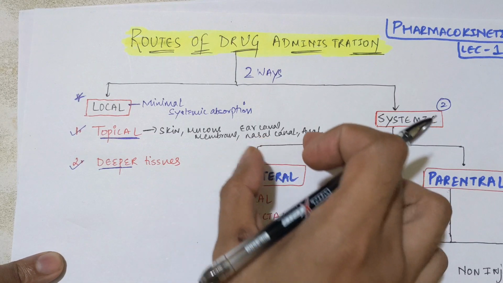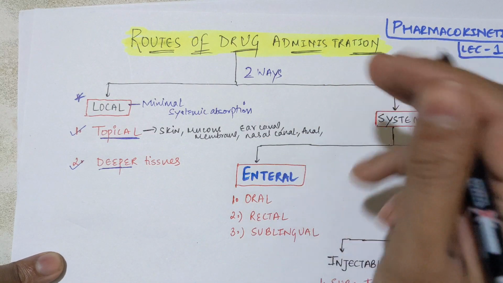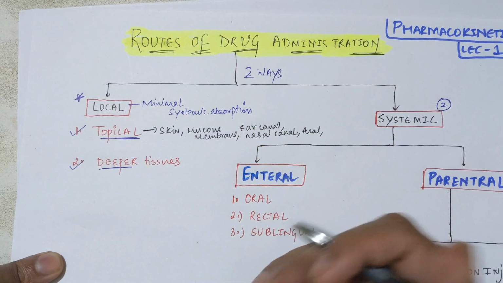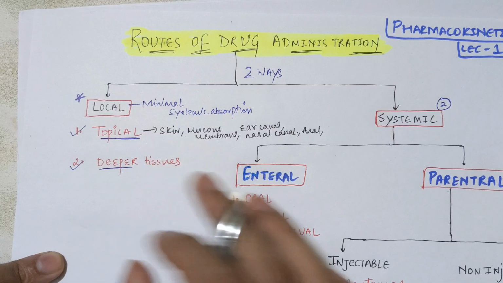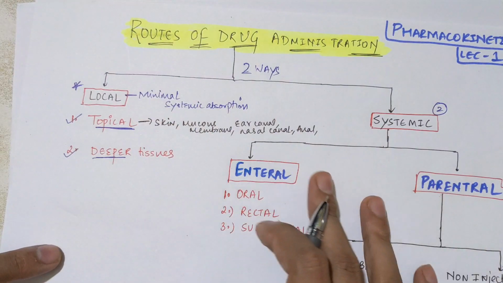If there are any infections in the anal region, you can put ointment there. Those areas come under the topical route. These are the topical places on the surface.